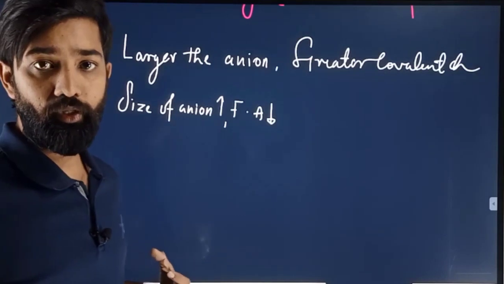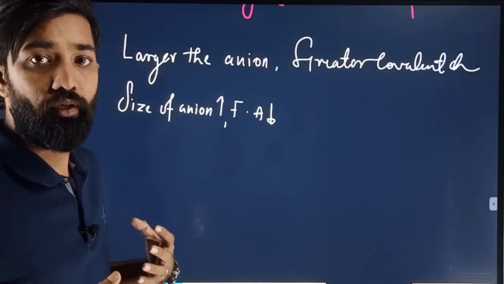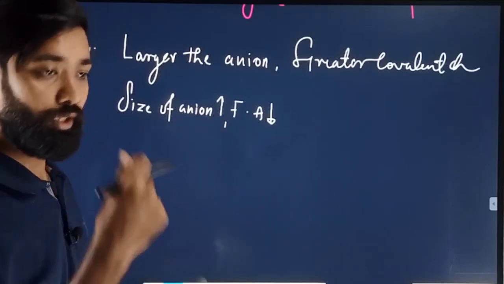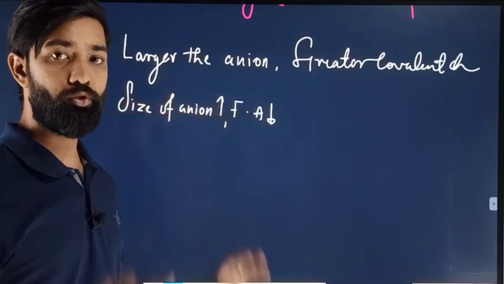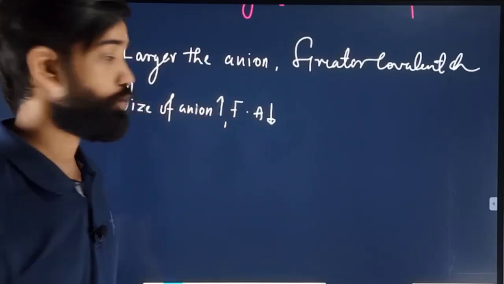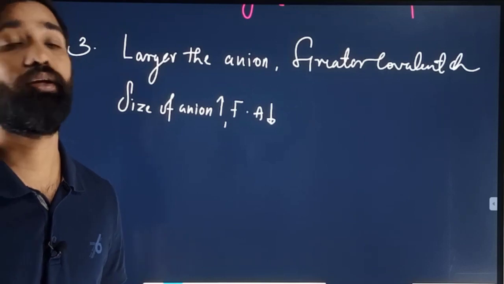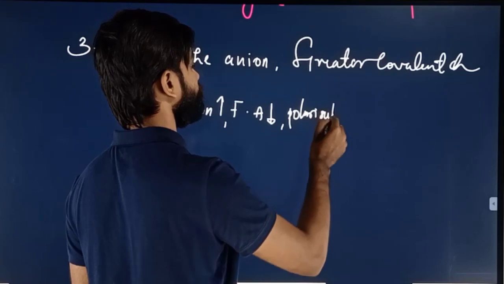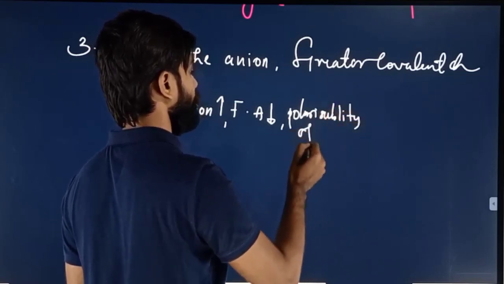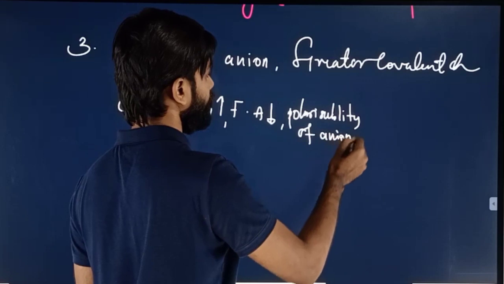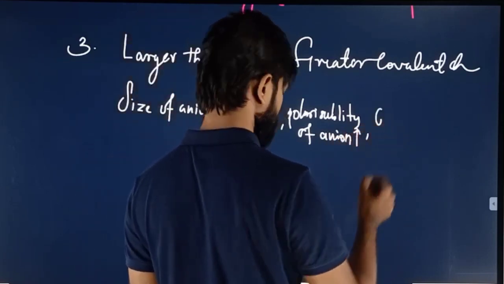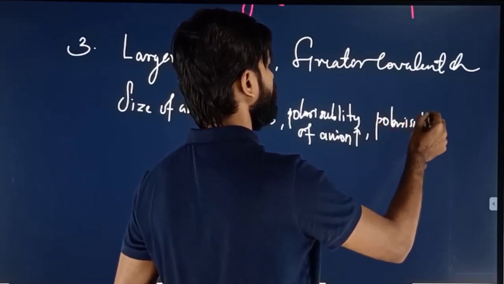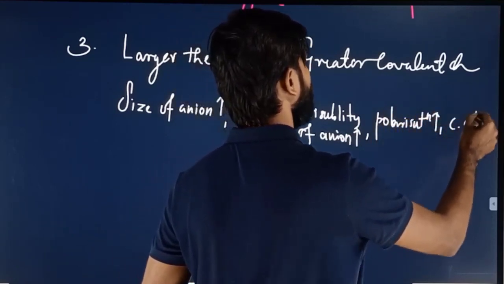If the force of attraction of the anion decreases, then the anion is able to withdraw its electron density towards the cation. Since its force of attraction is weaker, the polarizability of the anion is higher. As the polarizability increased, polarization increased, automatically covalent character increased.